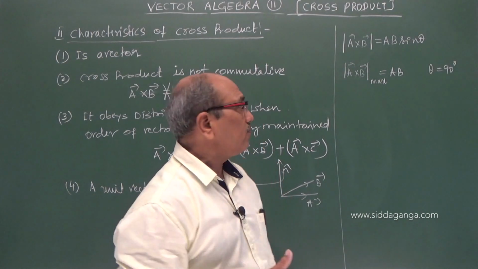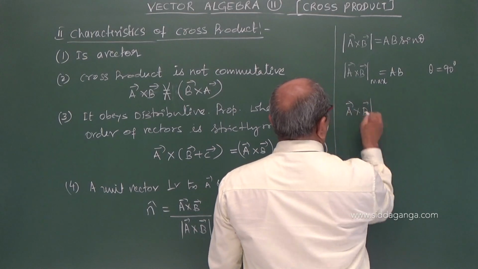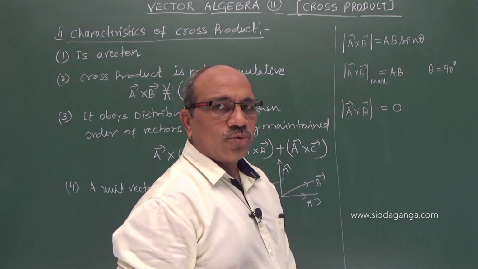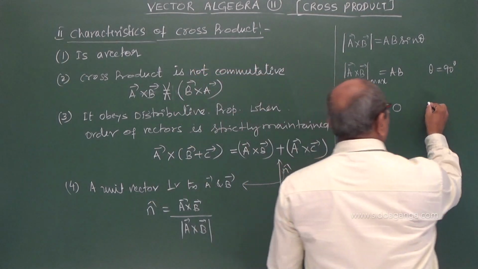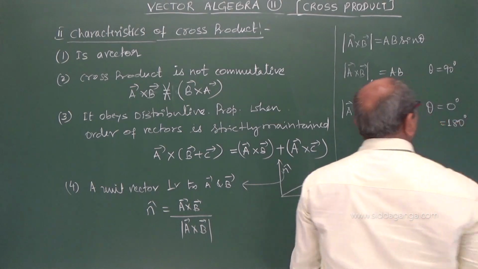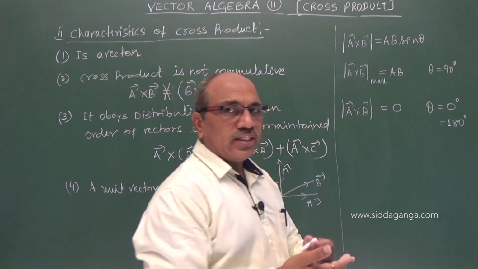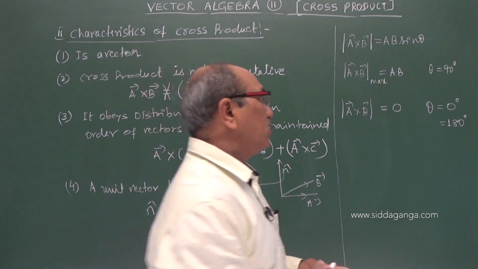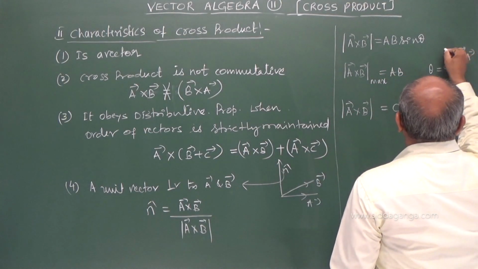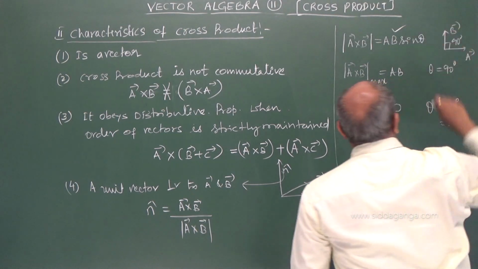Sin 90 is 1. Again A cross B goes to 0, vanishes when theta is either 0 degrees or 180 degrees, because you know sin 0 is 0, sin 180 is 0. That means the two vectors A and B must be perpendicular so that the cross product is maximum.